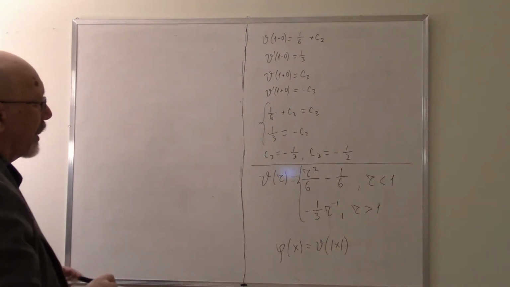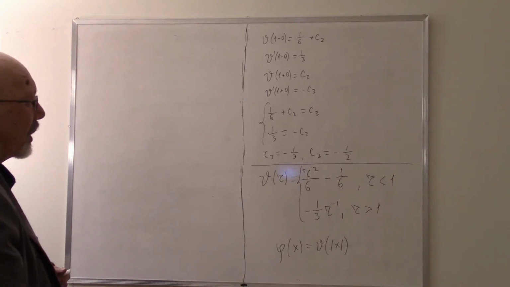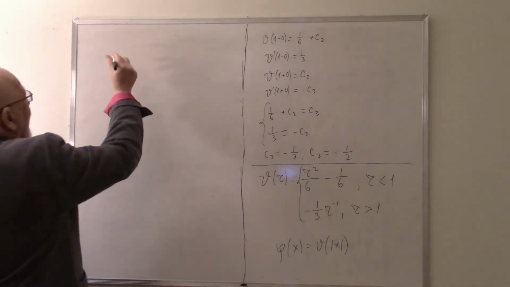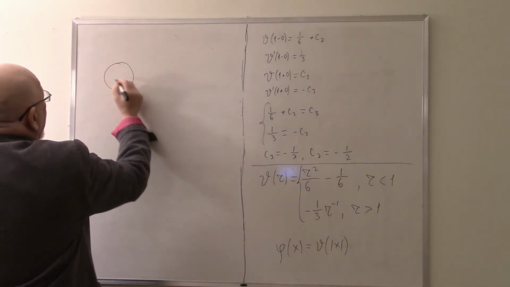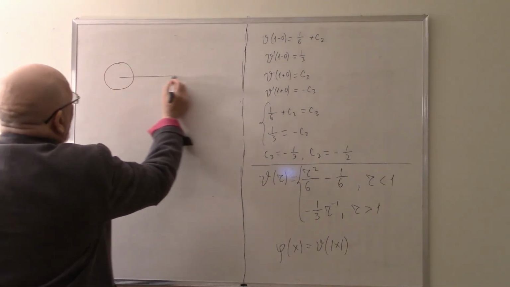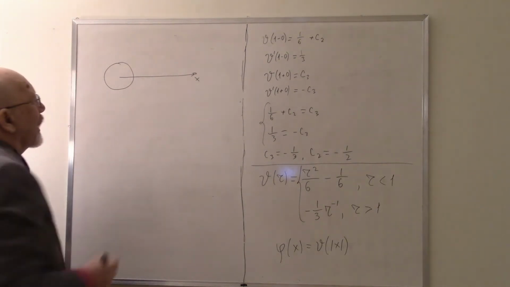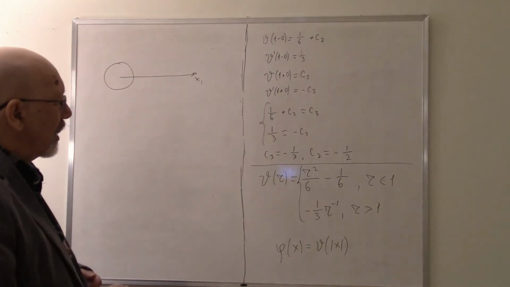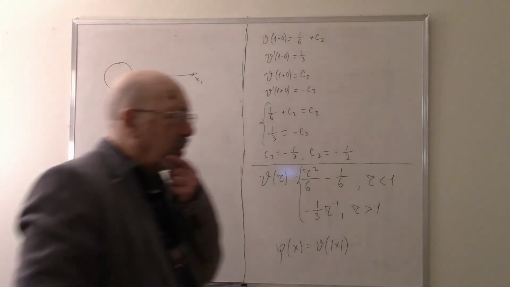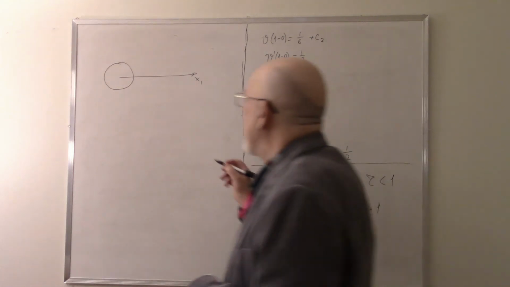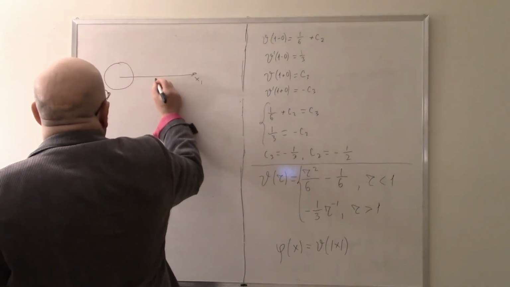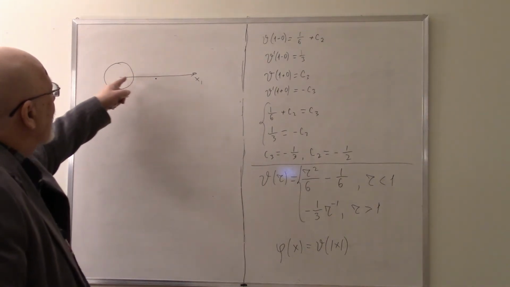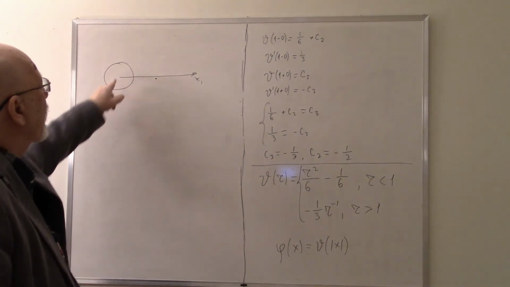So what does it give us? So this is our ball. This is, say, the x1 axis, yes? And we want to measure the force. So we put a test particle, a small particle, at different distances from the center of this ball.